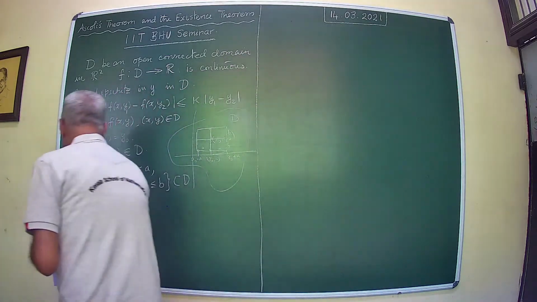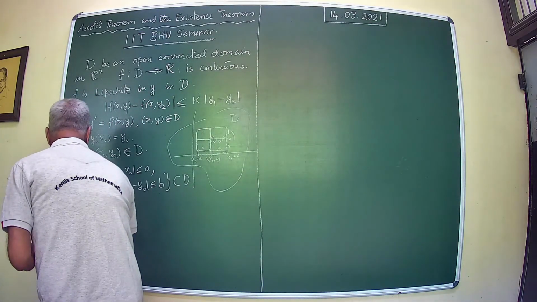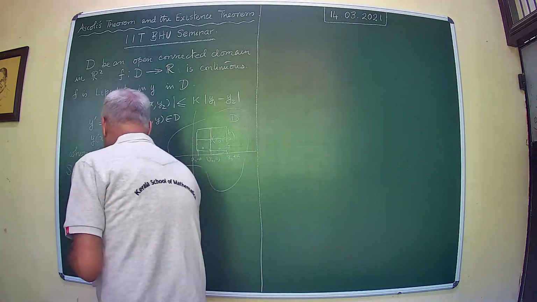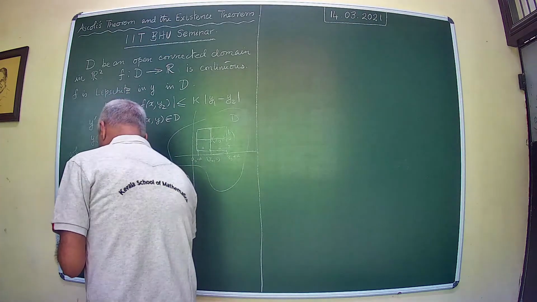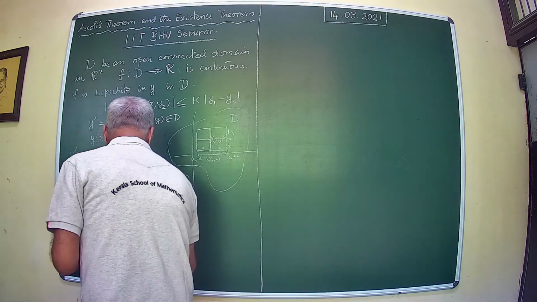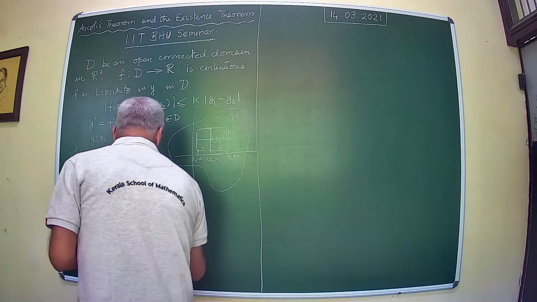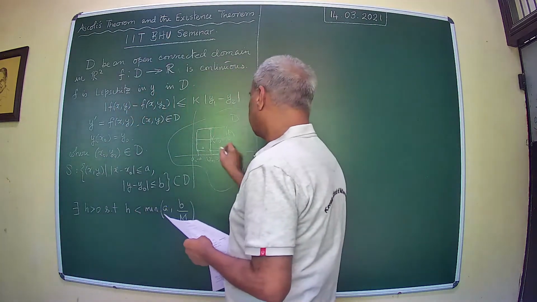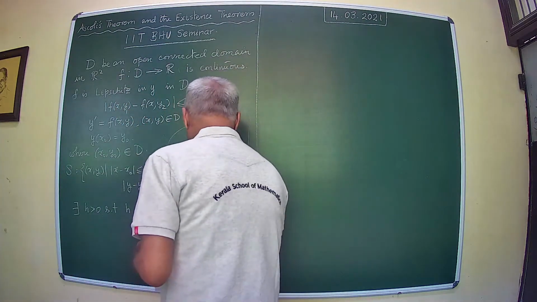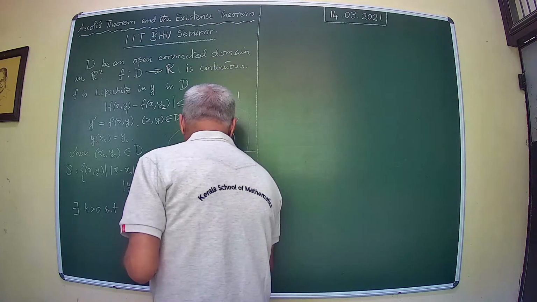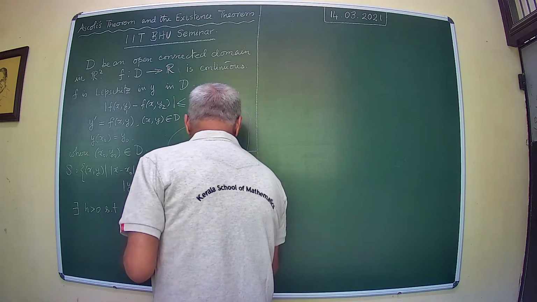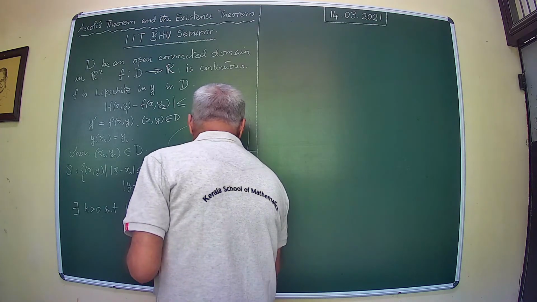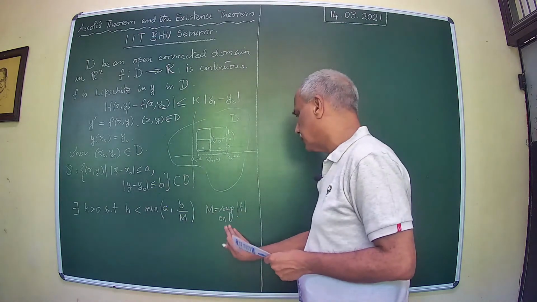So there exists h positive such that h is taken as less than the minimum of A and B by M. Incidentally, we are assuming M is the supremum of mod f on S. So we assume that it is a bounded function.